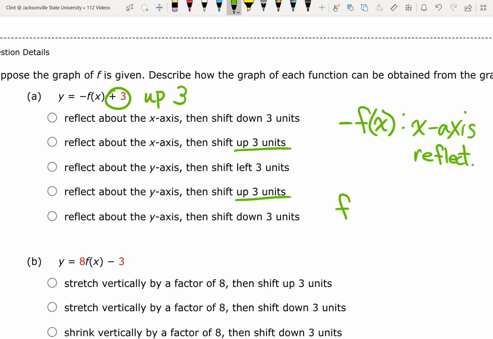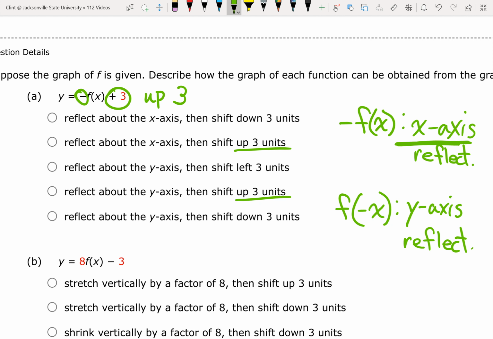And if we have the negative inside with the x, that's a y-axis reflection. On this one, the negative is out front, so this is an x-axis reflection. So we have reflected about the x-axis. What was up is down, what was down was up, and we have shifted 3 units up.